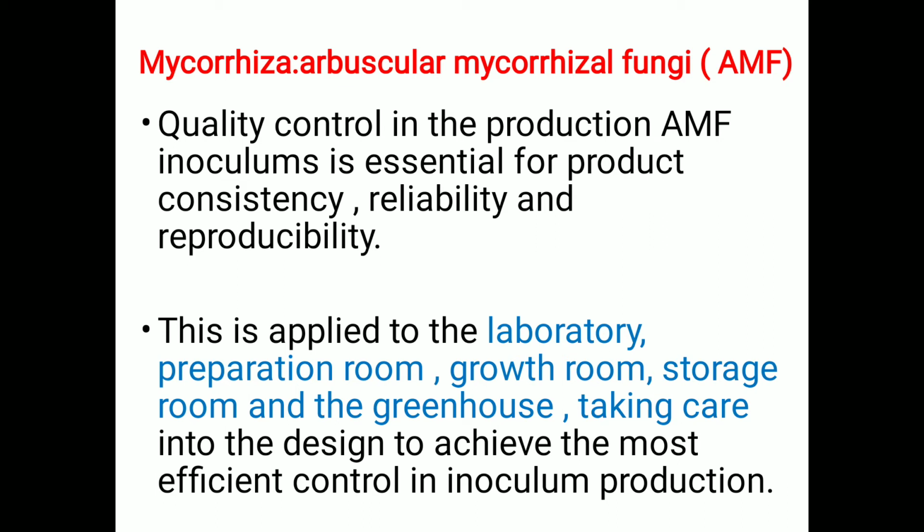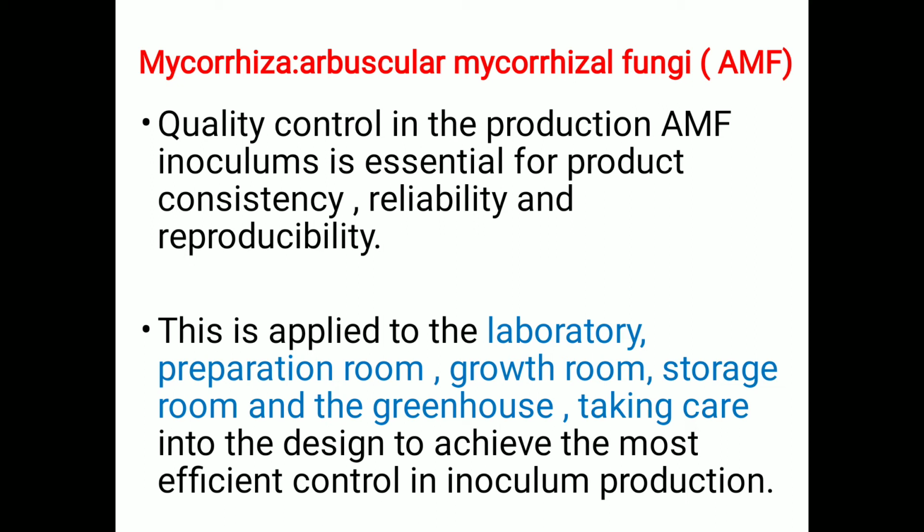Next one is mycorrhiza, that is arbuscular mycorrhizal fungi. For that there are certain quality control parameters. Quality control in the production of AMF inoculants is essential for product consistency, reliability, and reproducibility.